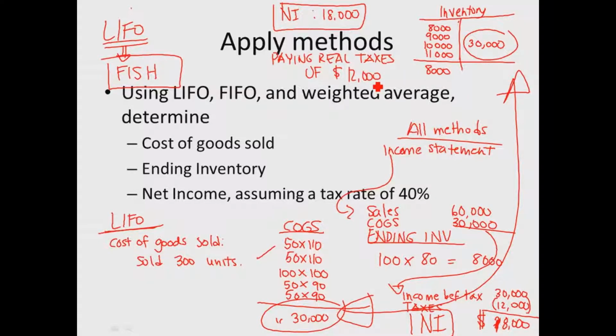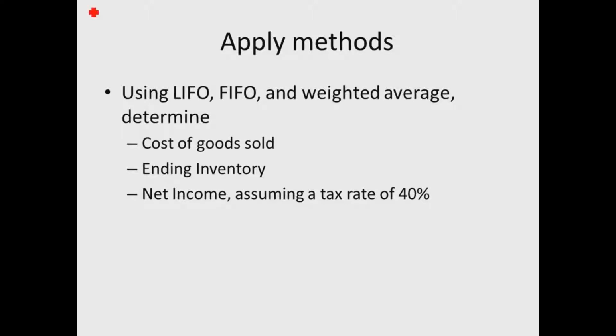Okay, so let's try and do this. So hold in your head, under LIFO, we had net income of 18 and real tax cash flows of minus 12. That's what we actually had to pay. Now let's try and do this under FIFO.